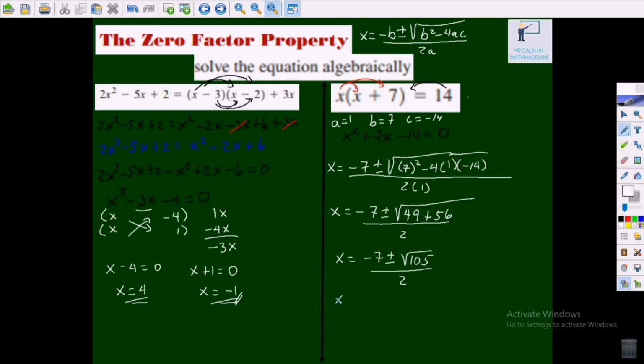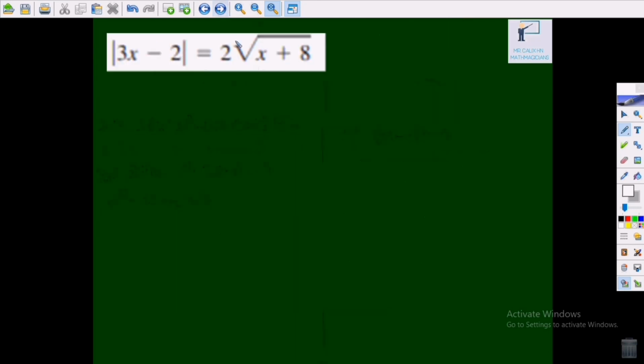We are going to find our decimals, and our solutions will be negative 1.09, this will be the 1, this will be the 2. The other one is 2.86, adding and subtracting. So let's continue with the next type of exercise.